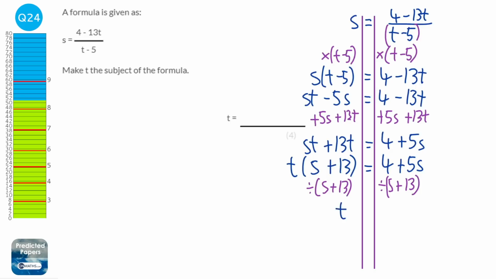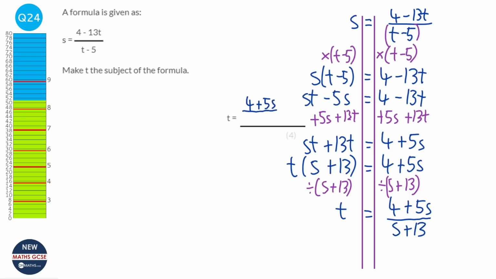And so we're left with t = (4 + 5s)/(s + 13). So our answer is 4 + 5s, all of that over s + 13. And it can be either way around, so I could have 5s + 4 over 13 + s, or anything like that.